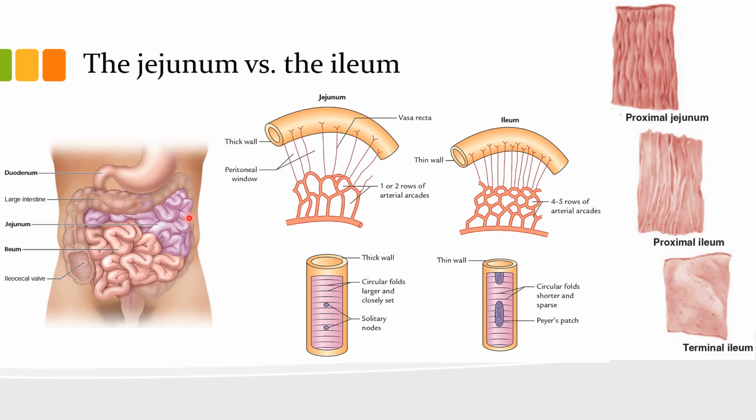So, the position, the length, the thickness of the wall, the shape of the arterial supply, the mucosal folds, and the lymphatic distribution are the main differences between the jejunum and ileum. And of course, because they are part of the midgut, the jejunal and ileal arteries are branches from the superior mesenteric artery.